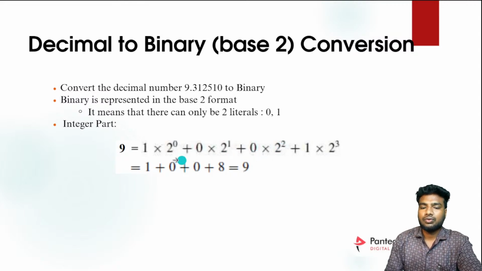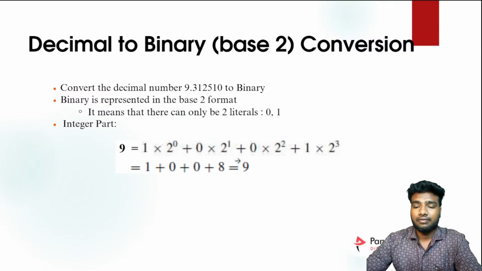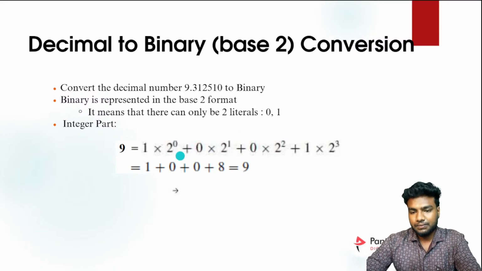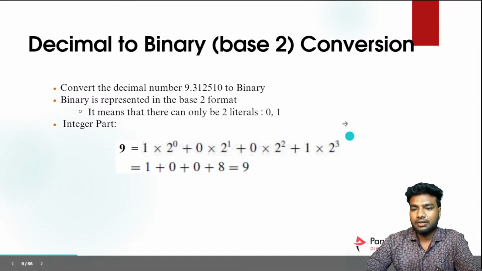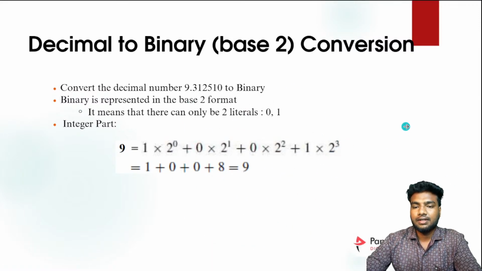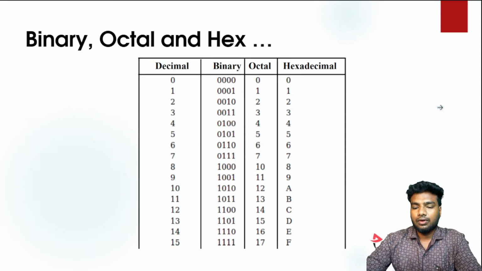Same thing here using 1001, by multiplying by 2 power 0, 2 power 1, 2 power 2, 2 power 3, you can get the decimal form. So this is also a basic thing. I hope you already know about that.